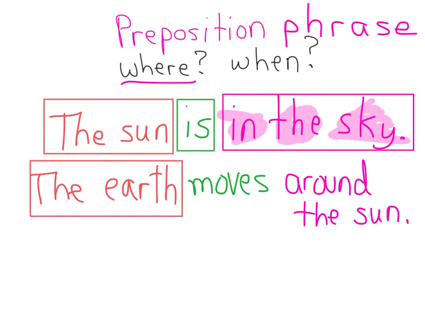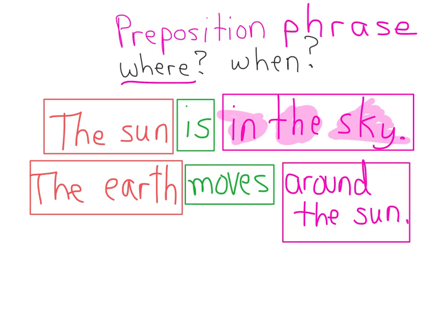It is about the earth. That is a noun. It comes at the beginning of the sentence before the verb. The verb in this sentence is not is. It is moves. That is what the earth is doing. The earth moves. Where does the earth move? The earth moves around the sun.